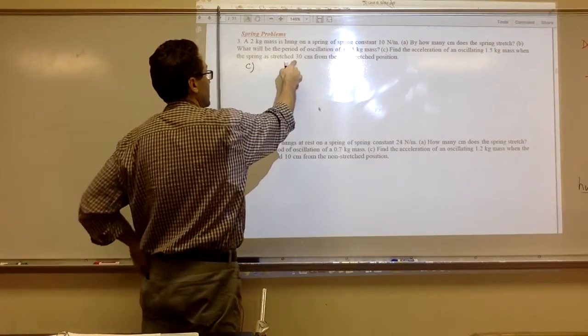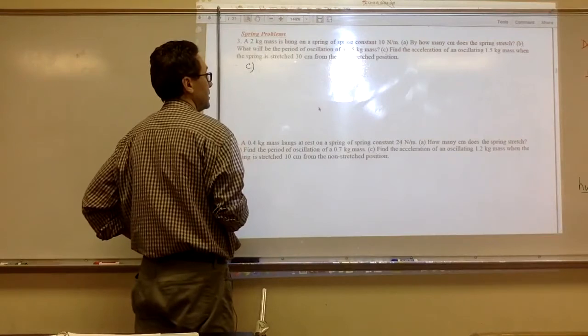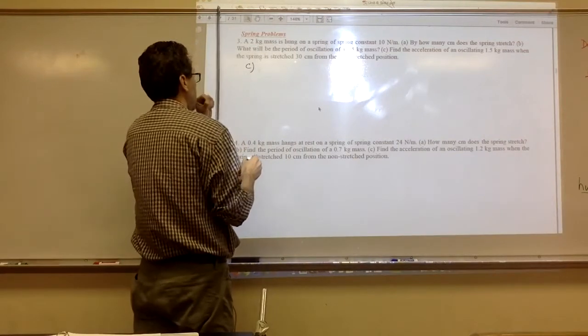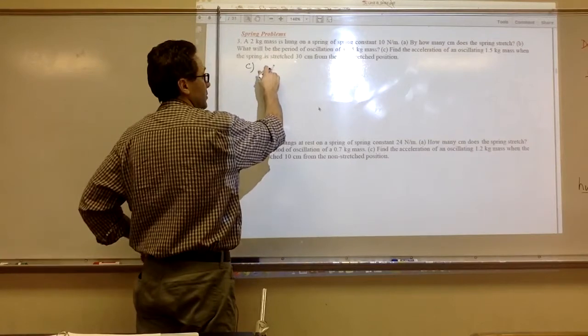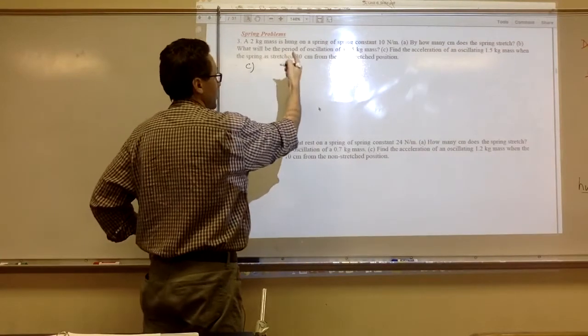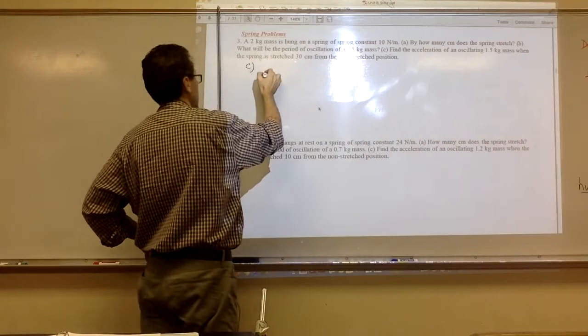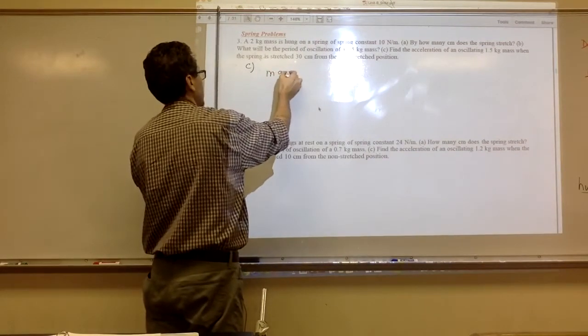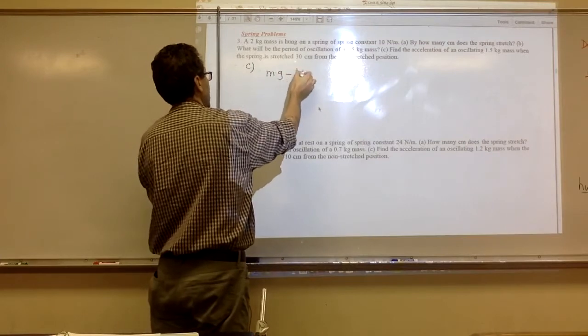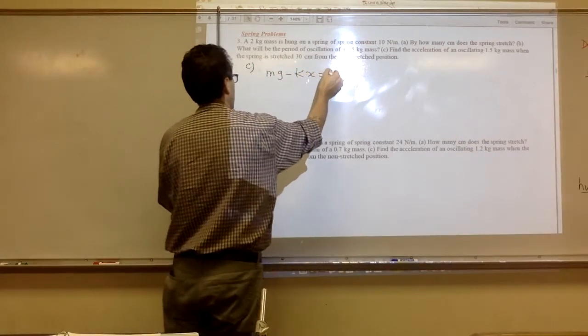Okay, so at 30 centimeters, it's still above the equilibrium position, but that's not important to us. Maybe I'll use it to show you a different method here. When it's stretching, we can say that mg minus kx equals ma.